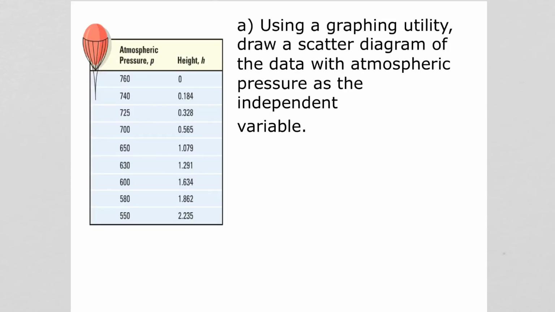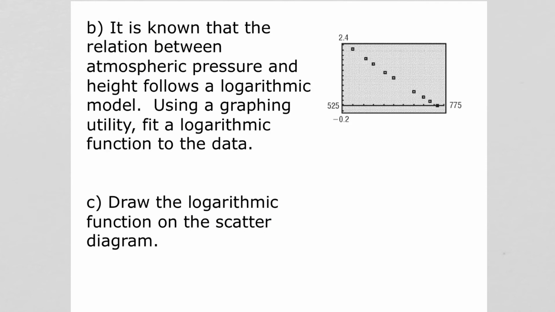So same deal, go over to Stat Edit, put in your data, and then go to Stat Calc and fit, this time we're doing an LN reg. That's standing for a natural logarithmic regression.